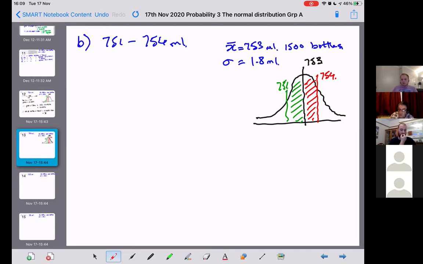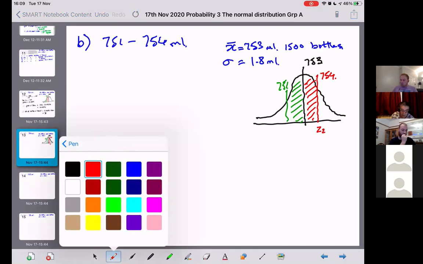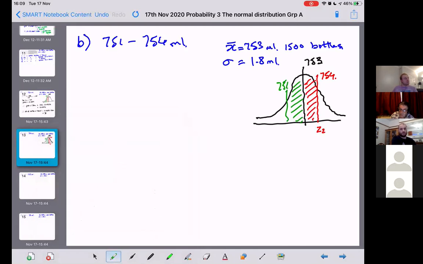So if we call that one Z2 and the green one Z1, Z1 is the value 751 minus the mean 753 over 1.8 equals minus 1.11.